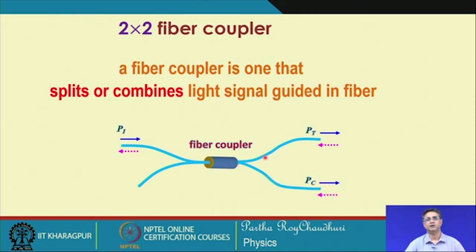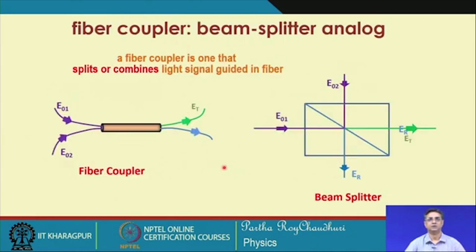These green lines are representing two fibers which are in intimate contact at this region, and this device is called the fiber coupler, and we will learn how this coupler works.